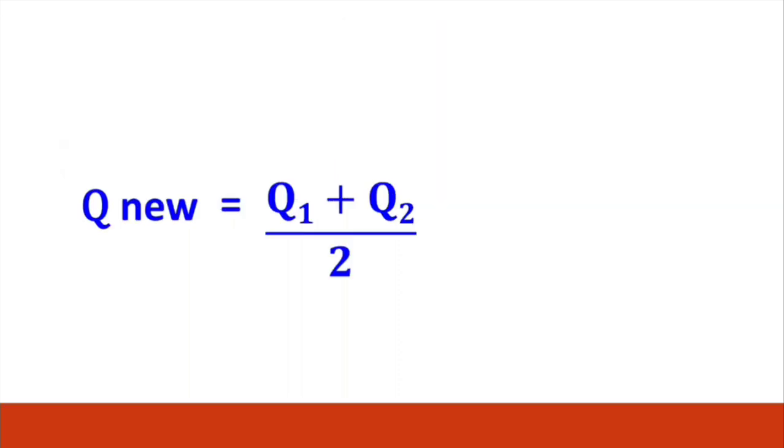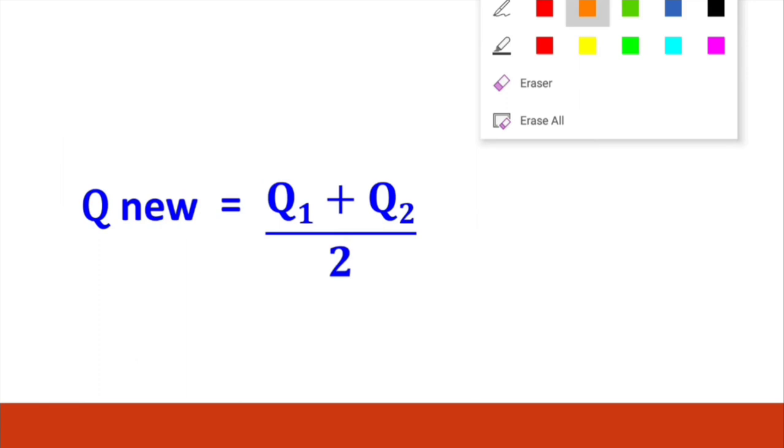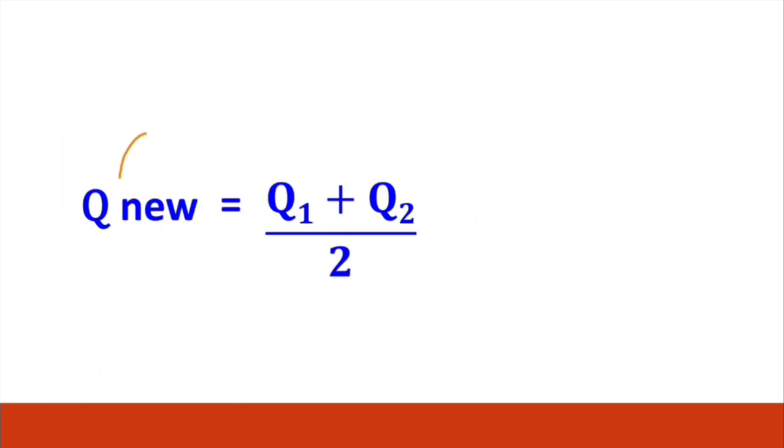So in terms of a formula, the new charge on each sphere is going to be Q1 plus Q2 over 2. If there were 3 similar sized spheres, we would add Q1 plus Q2 plus Q3 and divide by 3.